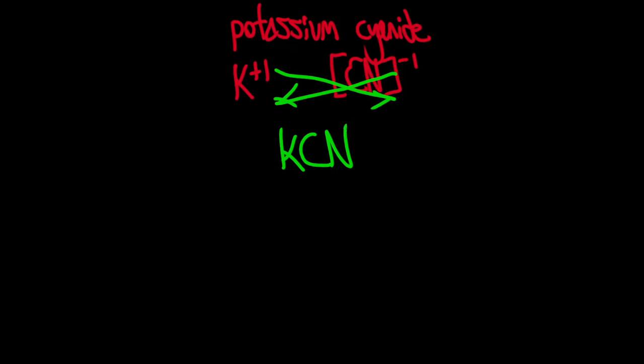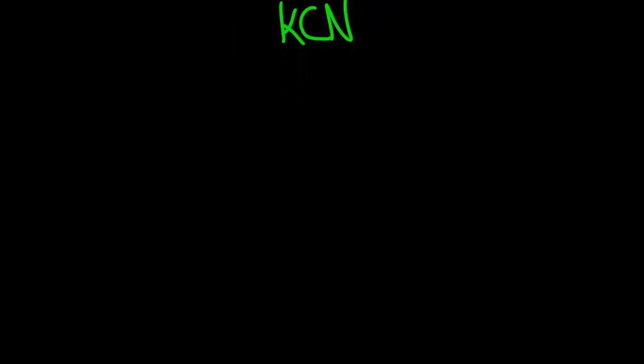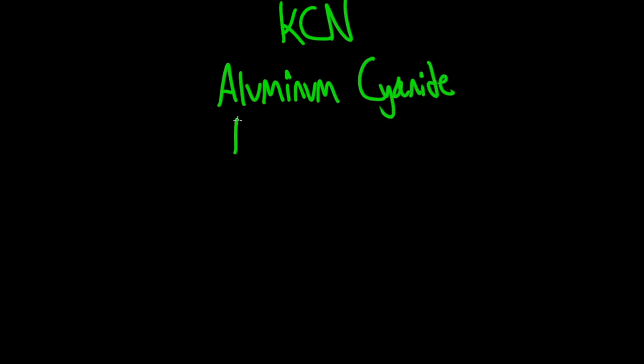All right, one final example. I have aluminum cyanide. Aluminum is in group 3, so it's going to have a +3 charge.